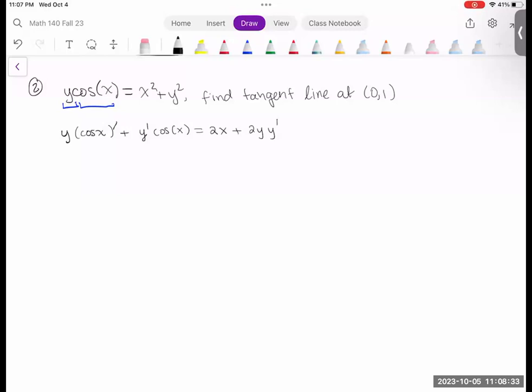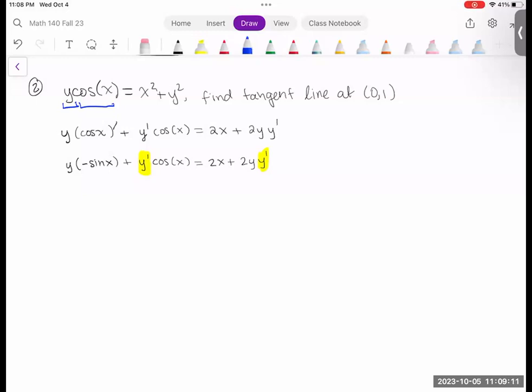All right, so let's just rewrite this a little bit. We have y times negative sine x plus y prime times cosine of x equals 2x plus 2y y prime. I'm just going to highlight where we see what we're interested in. If we're looking for the formula dy/dx in general, then it makes a lot of sense to do some algebra to solve this.